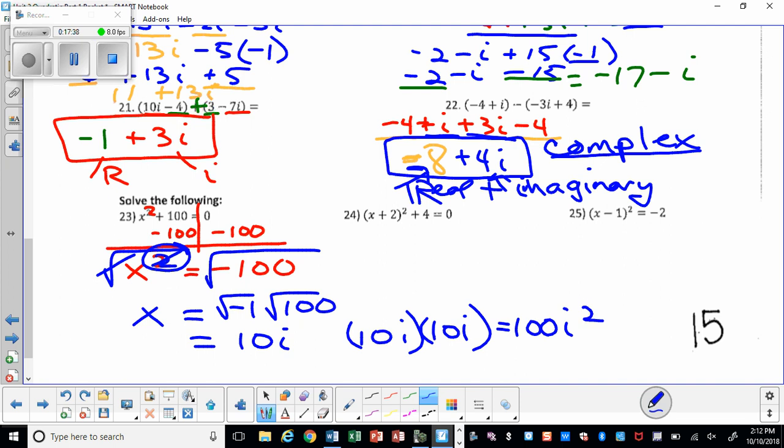And so that would be 100 times negative 1, which would be negative 100. But look what happens. If I take negative 10i times negative 10i, that's going to be negative 100i squared. Or excuse me, no, it's not going to be negative. It's going to be positive.